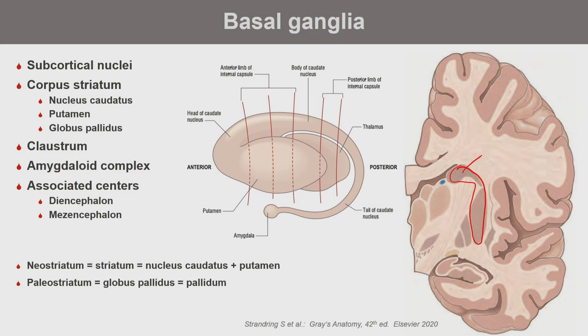Neurostriatum is typically, when we look only for motion, a caudate nucleus and putamen, and then we have a globus pallidus or pallidum.